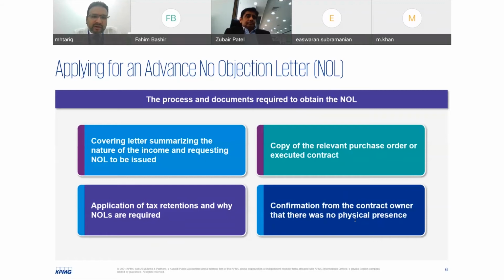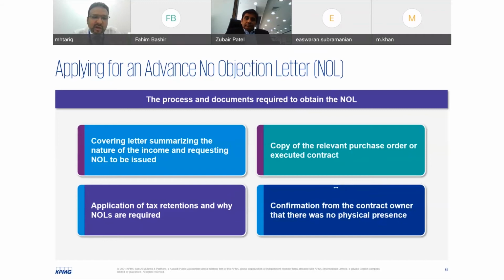Normally, if a contractor is applying for this annual request, then we will require a letter confirming there are no services or any other contract performed in Kuwait, and this confirmation should be obtained from a contract owner. Then there is an application.